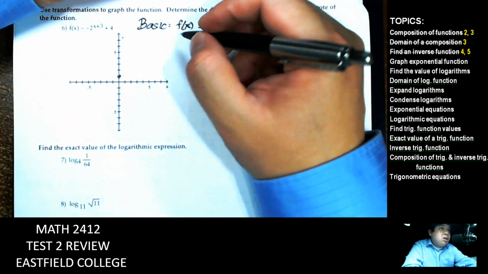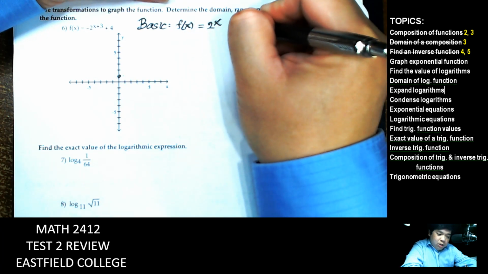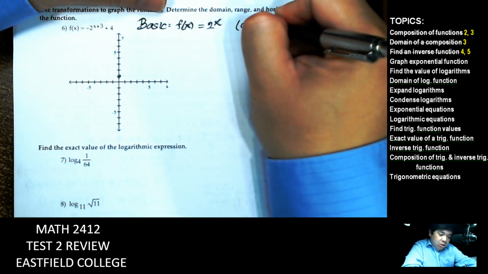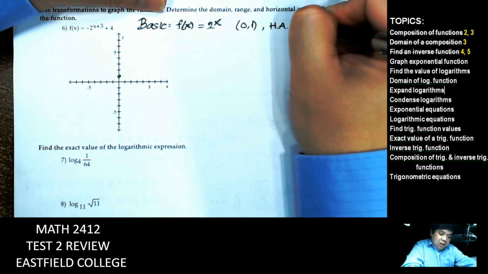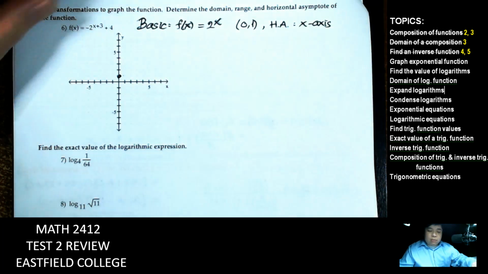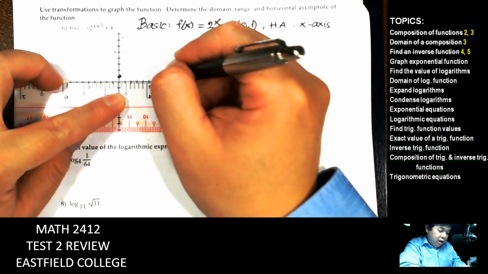So the characteristic of exponential function, first, it has the point 0 and 1, and the second part of it is it has the horizontal asymptote as the x-axis, or y equal to 0. So we have a point here, and a line here.